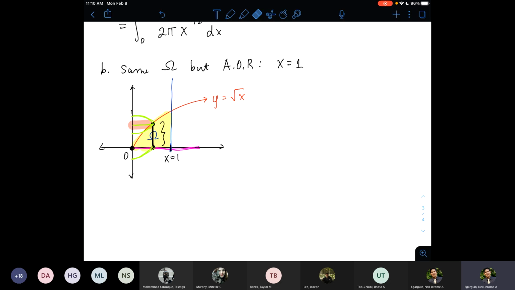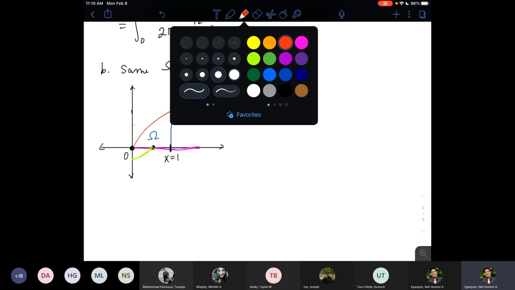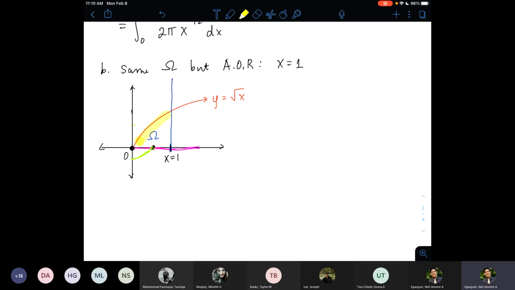And let me just erase this. This is still our region, omega. But this time the axis of revolution is the line x equals 1. So we will revolve around this axis.